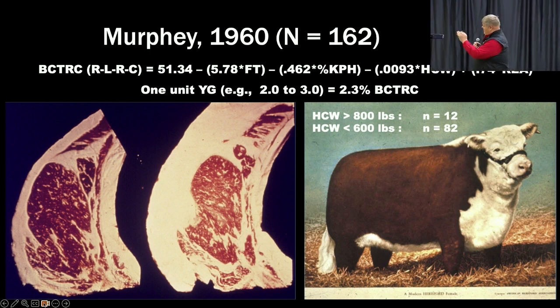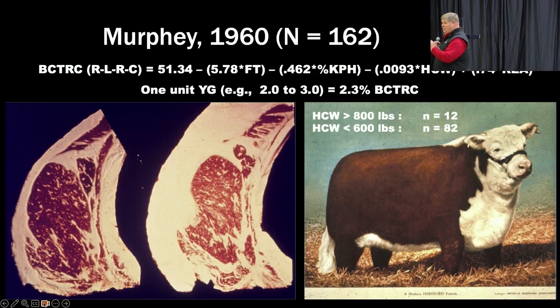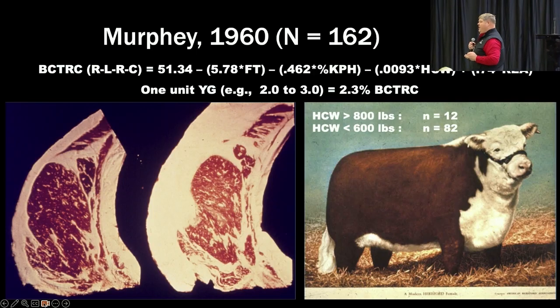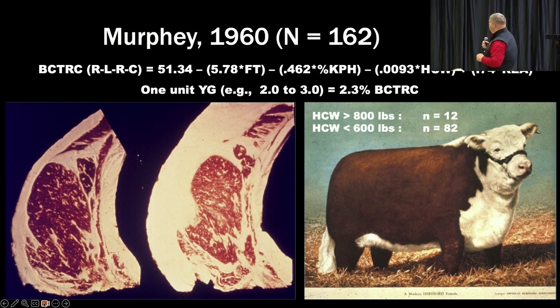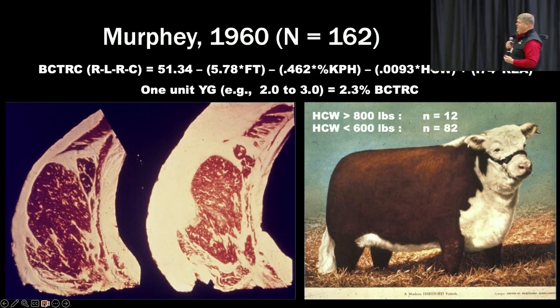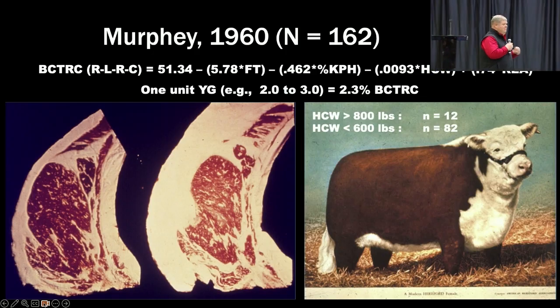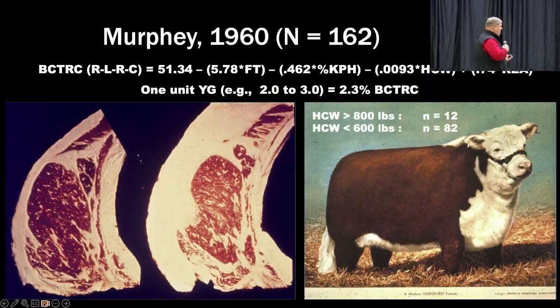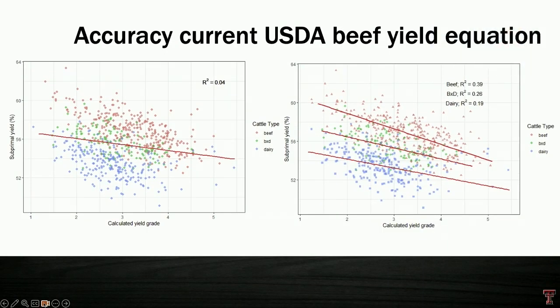And this is what the cattle looked like. And this was a good one, mind you, right? And we had Herefords and Angus predominantly, and of course, cattle have changed a great deal. And it's just simply asinine, for lack of better words, for us to continue to use an equation that was based on cattle that looked like that, that were compositionally similar to those Hereford and Angus cattle.